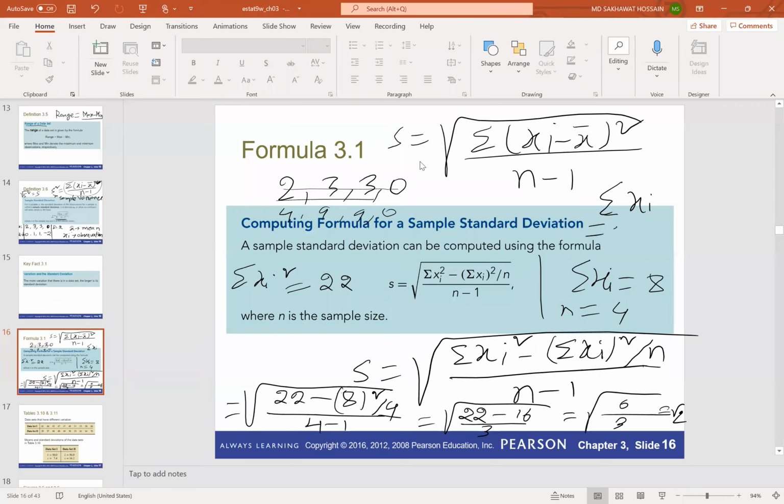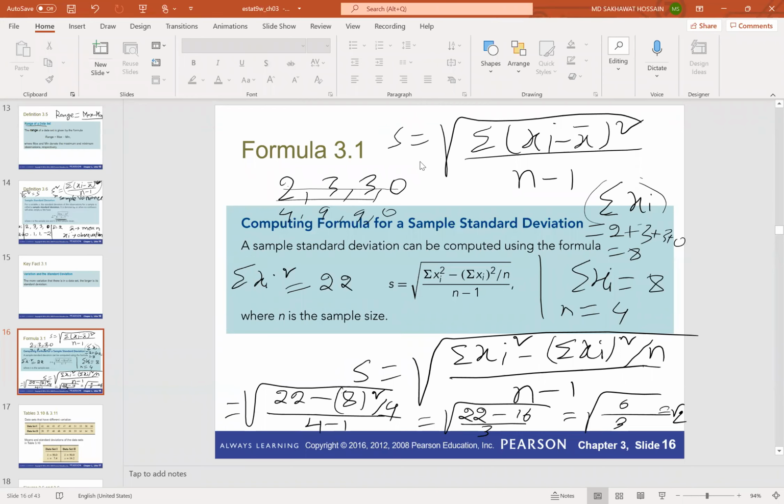So you will add 2 plus 3 plus 3 plus 0, which is 8. So sigma xi means summation of xi. You have to add all the x's. So what are the x's? x1 is 2, x2 is 3, x3 is 3, and x4 is 0. So you just add them together. That is the meaning of sigma xi.